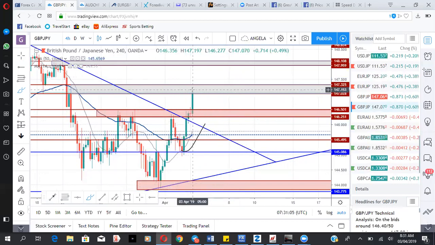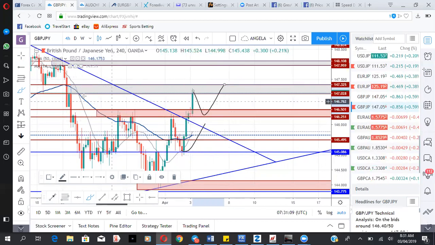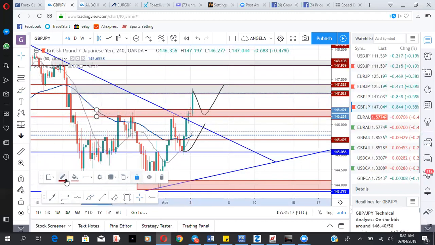Okay, I made a mistake. You need for price to drop into this area and move higher. So now, let me readjust the coloring. This area now is going to become support.